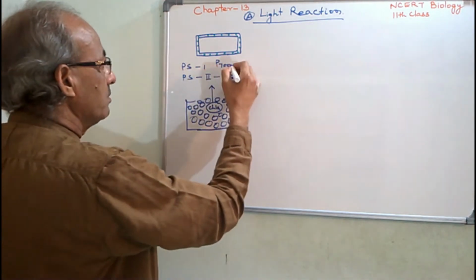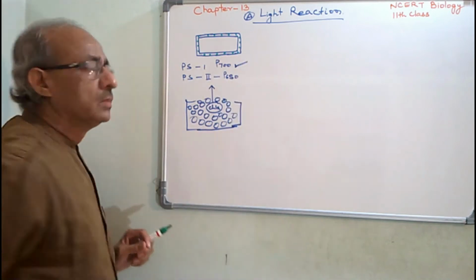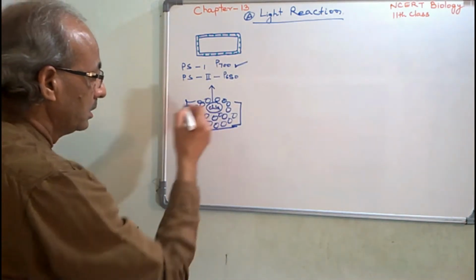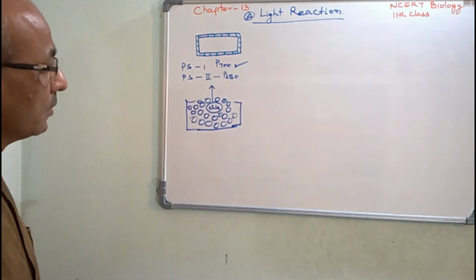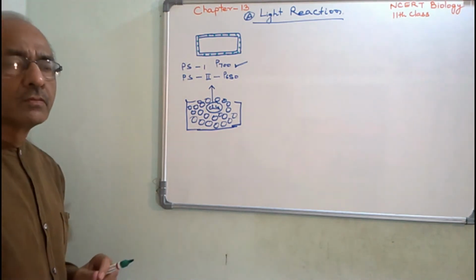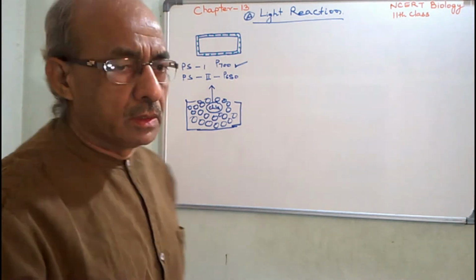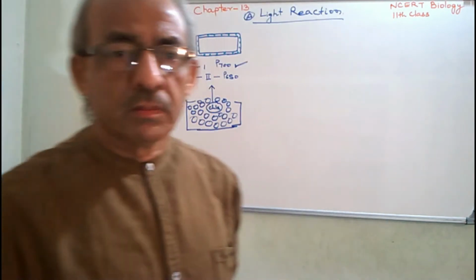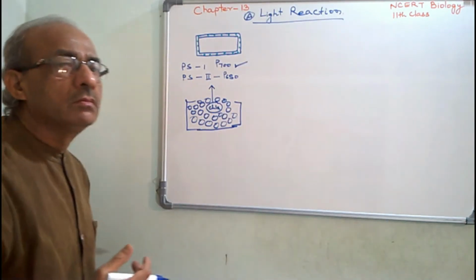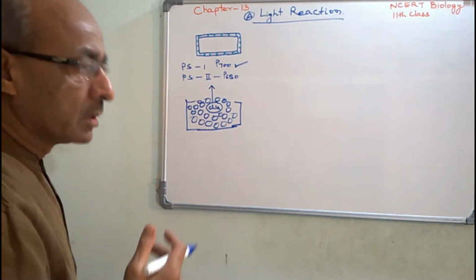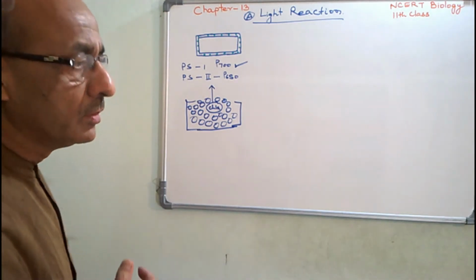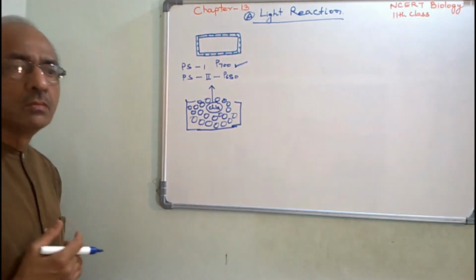In photosystem first, the reaction center chlorophyll A absorbs the red color of the light at maximum point.